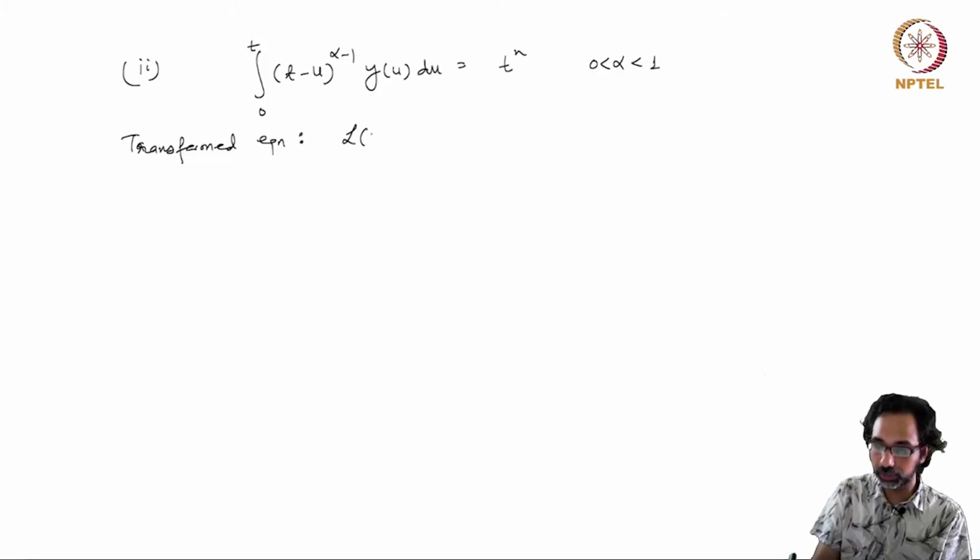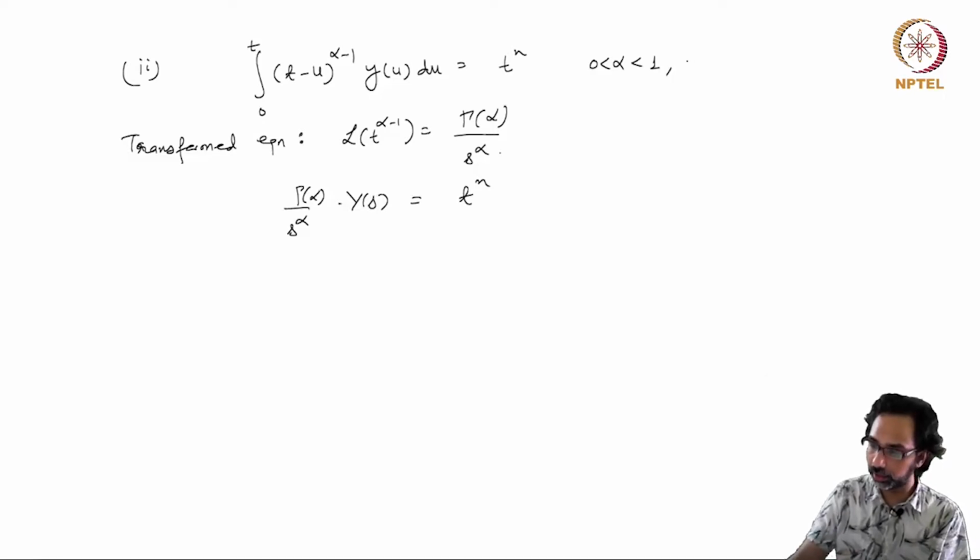The Laplace transform of t to the power alpha minus 1 is simply gamma(alpha) over s to the power alpha. So on the left hand side you will get gamma(alpha) over s to the power alpha times Y(s). This is equal to the transform of t to the power n. Here I forgot to mention that n is a positive integer, n greater than or equal to 1.